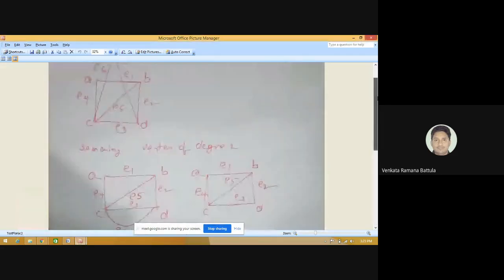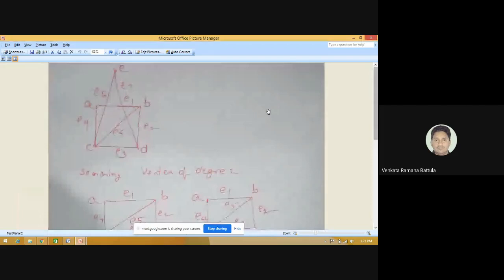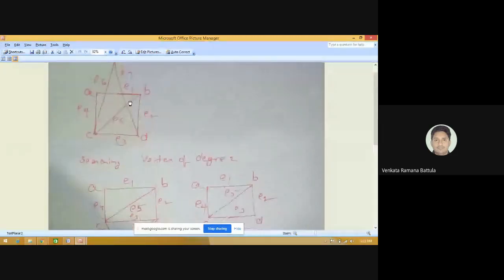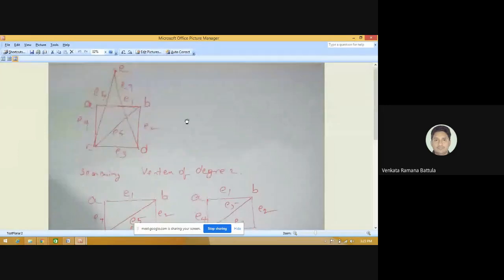I am once again discussing the same example. This is the given graph. First, we need to identify whether there are any parallel edges or loops. If there are, you remove them. Otherwise, identify any vertex of degree 2. Here A and E have degree 2.